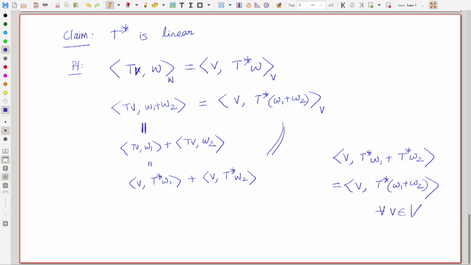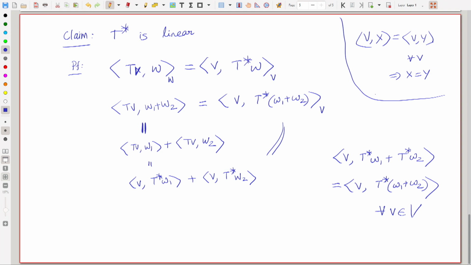The inner product of v with something is equal to the inner product of v with something else, and this is true for every v, which means those two have to be equal to each other. Why is that true? What's the proof? If ⟨v, x⟩ equals ⟨v, y⟩ for all v, I claim that means x equals y. We can write it as ⟨v, x − y⟩ equals 0, and put v equals x − y. This is the standard proof.